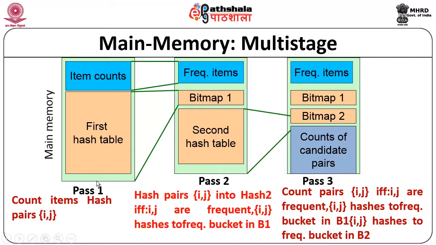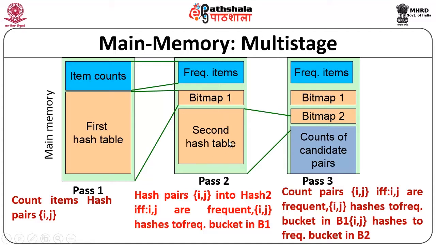the item counts are generated, the frequent items from these item sets are identified, and then you create a hash table. From this hash table you map the frequent item pairs to the binary vector, bitmap 1. All the frequent item pairs hashed to this bitmap vector will now be passed to the next phase.